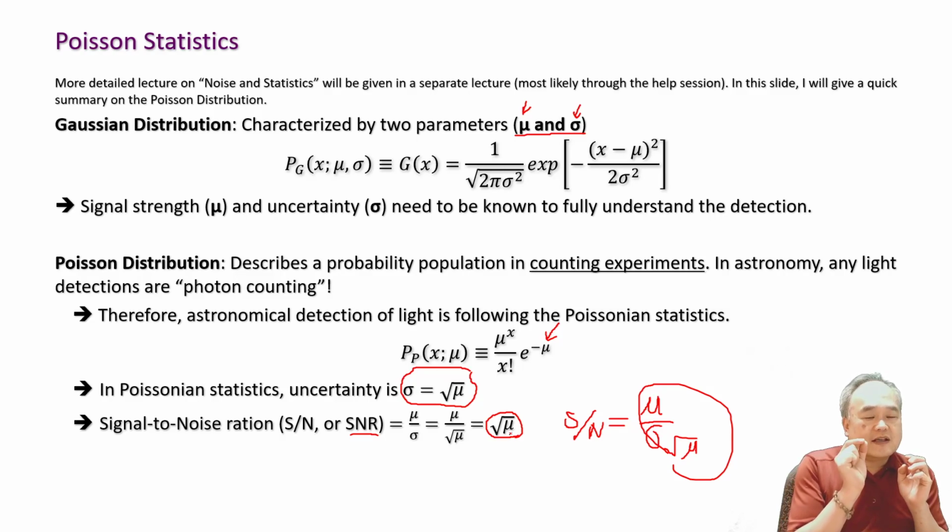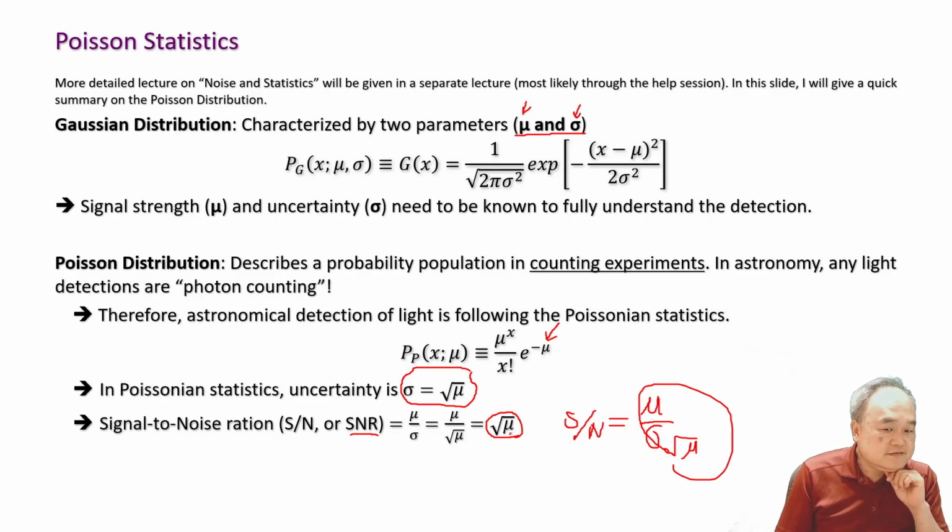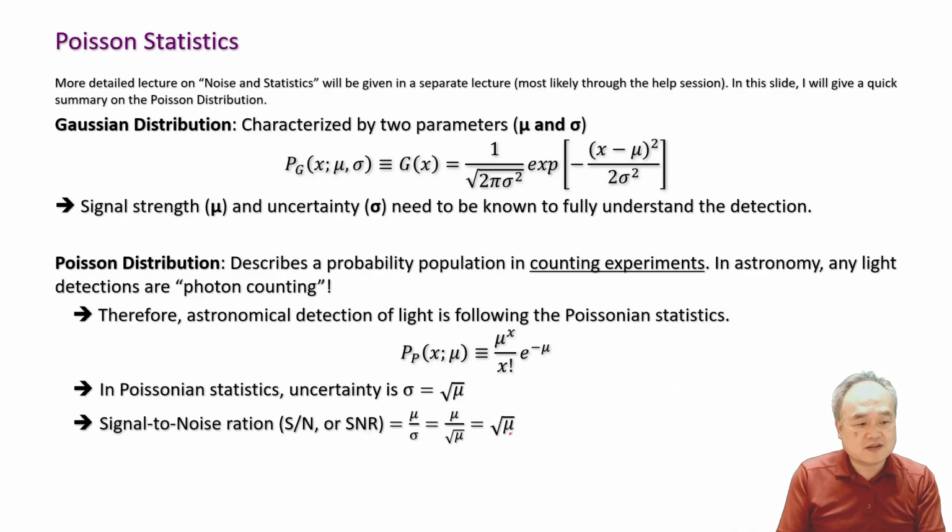So what this means is, if you are expecting an average of 20 raindrops per second for a particular rain and lightning storm, then the uncertainty is nothing but the square root of 20. This is actually very interesting, this aspect of Poissonian statistics.